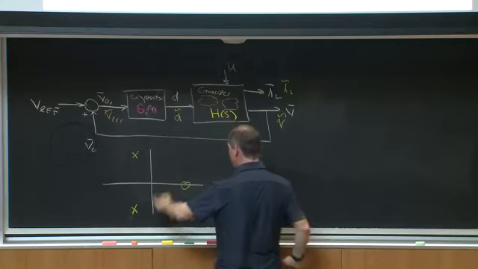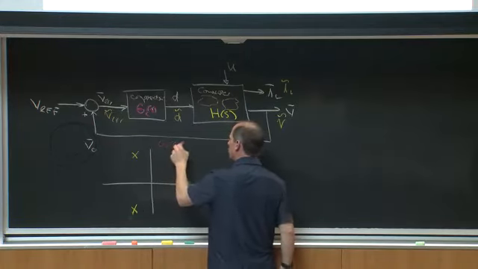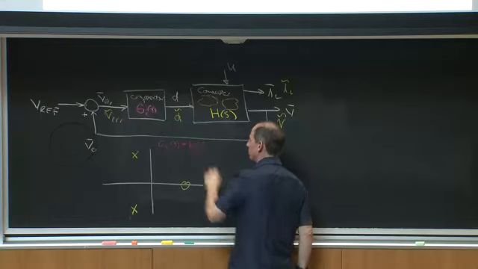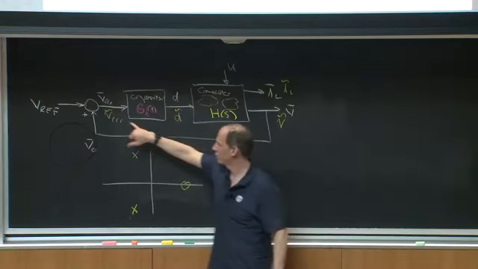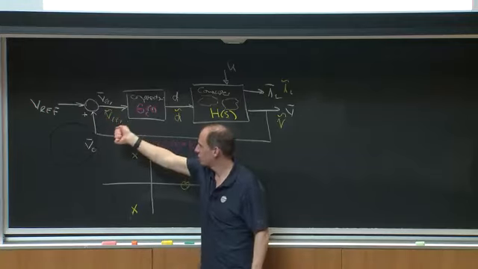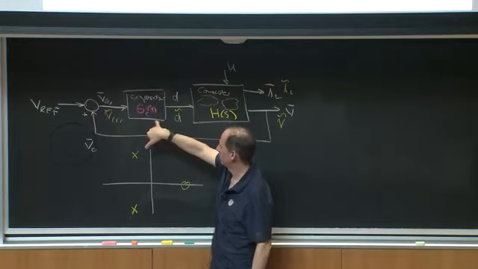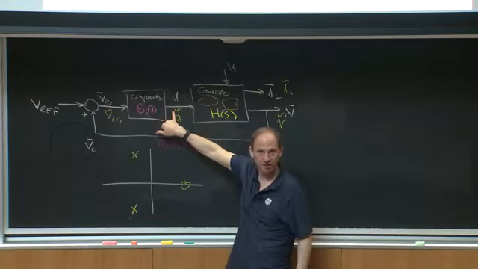So what would happen if I made GC of S just a proportional controller? I'm going to make this a constant gain. So I'm going to get a duty ratio that's proportional to the error. All right? And what I would want is to turn that gain up so that a tiny error gives me a big duty ratio and I get a small steady state error.